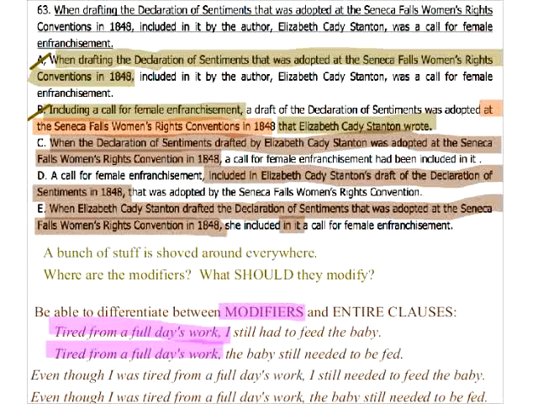Those have to actually modify stuff, and so this first one is right and the second one is wrong because the baby was not tired from a full day's work unless it was a very unusual baby. These actually modify stuff, versus entire clauses which don't.